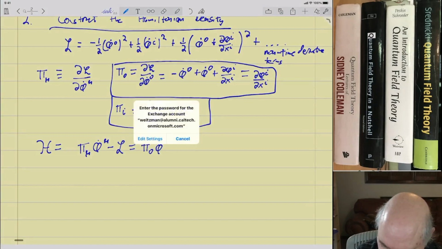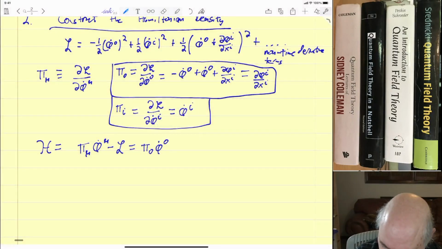And then I'm going to have phi dot I squared. I'm just going to replace, so I'm going to get pi I phi dot I, but phi dot I is just equal to pi I. So I'm just going to get pi I squared.